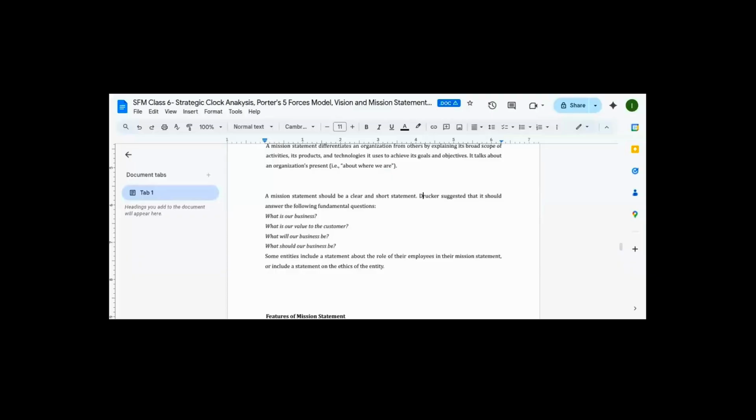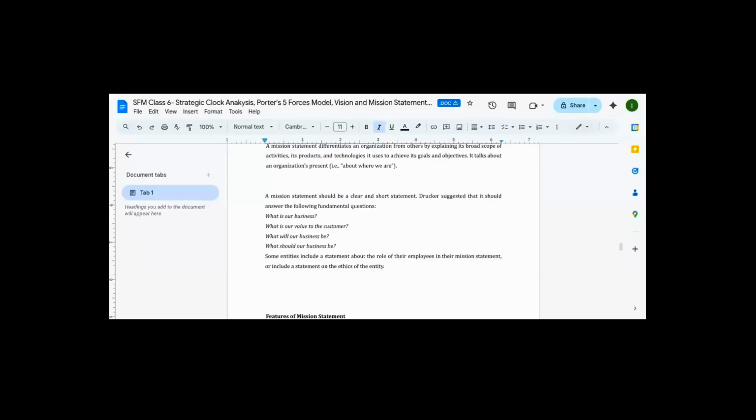So according to Peter Drucker, a mission statement should answer the following fundamental questions. All mission statements of companies answer these fundamental questions. What is our business? The second question is, what is our value to our customers?